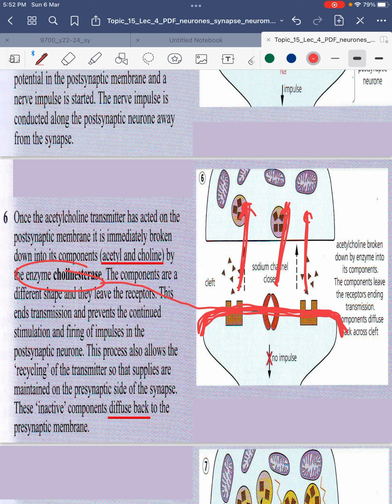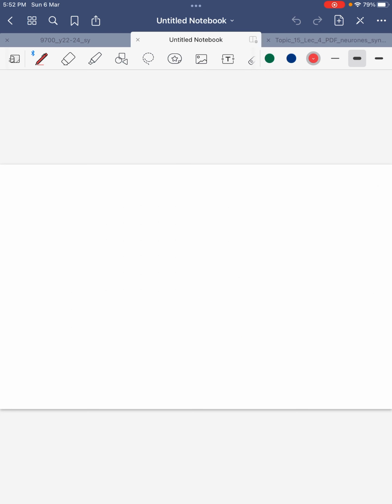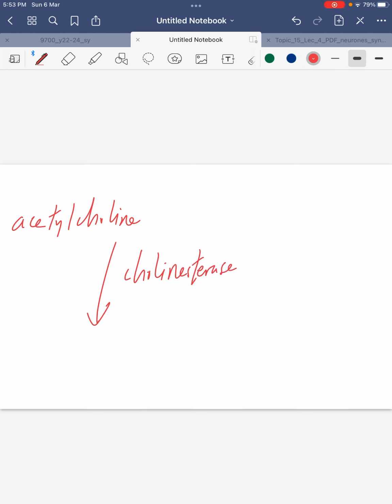So basically we have acetylcholine, in the presence of the cholinesterase, broken down to acetyl and choline.